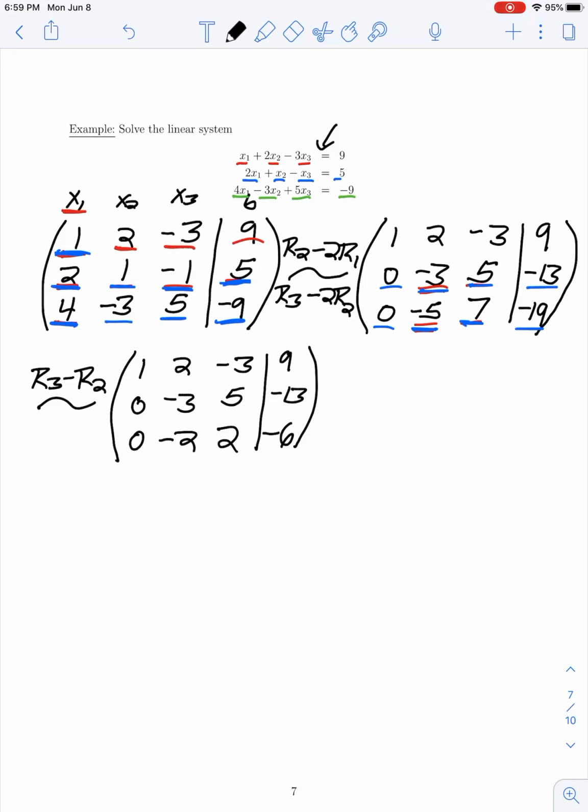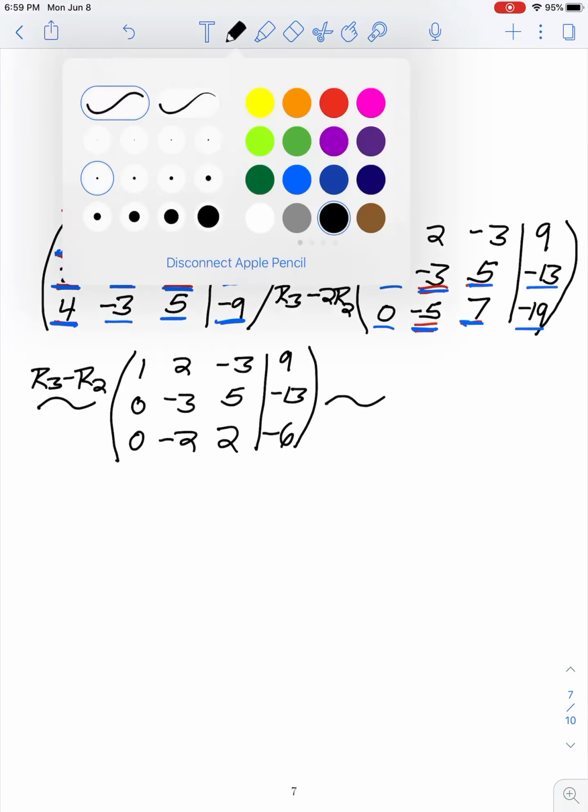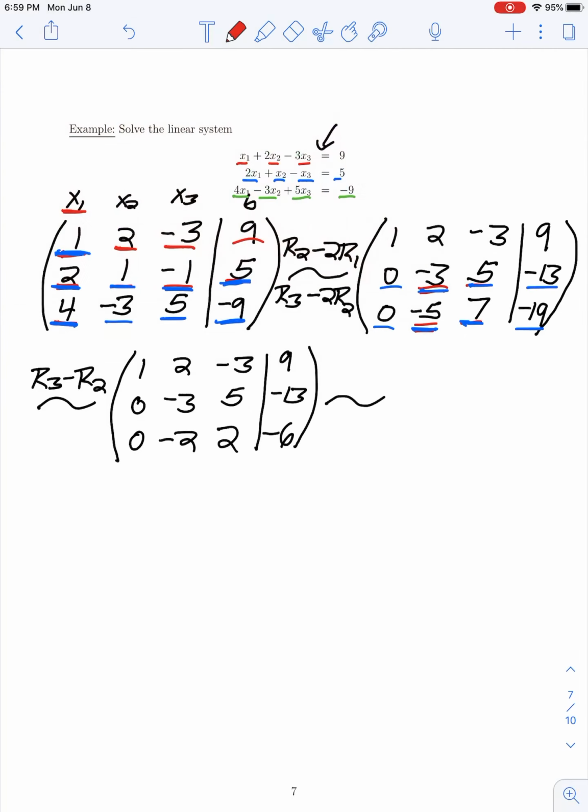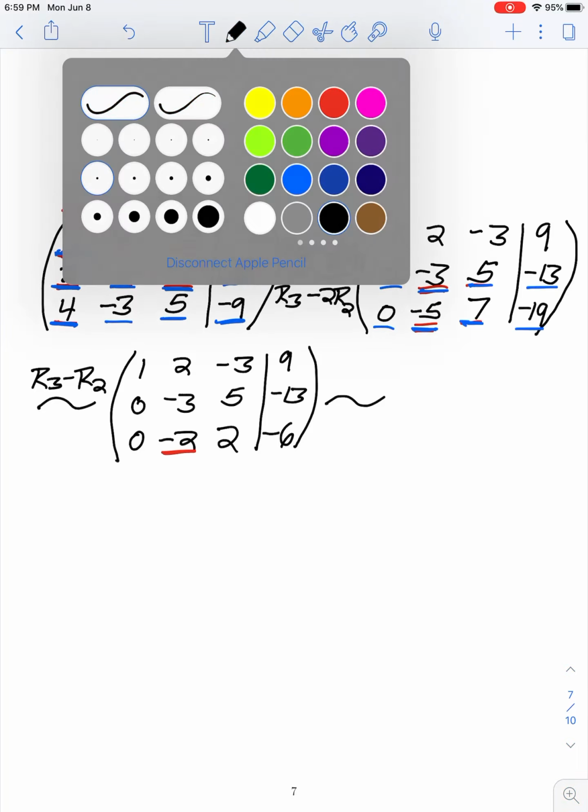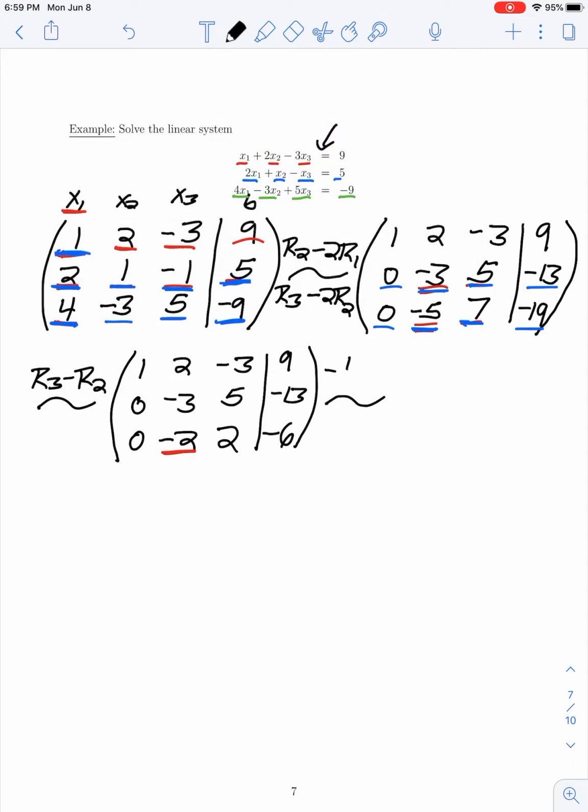So one way I could proceed would be to take half of my third row, or I might prefer to make my lead coefficient a positive 1 instead of a negative 1. So rather than dividing through by 2, I might divide through by negative 2, or take negative 1/2 of my third row.